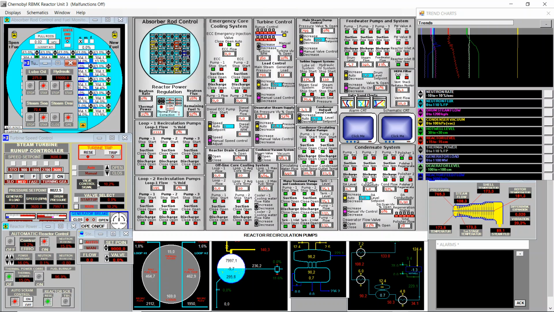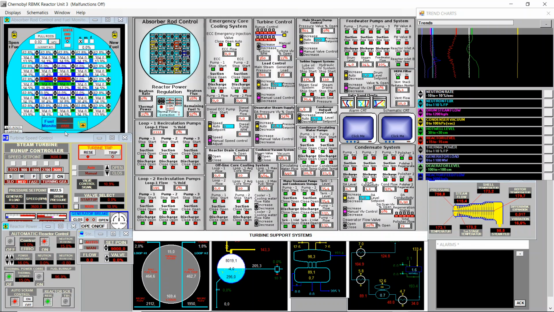Close drains, here. Don't stop the seal by mistake, because you will create a turbine trip. Okay, that's fine. We can already close this, and now we can increase power to 20%.